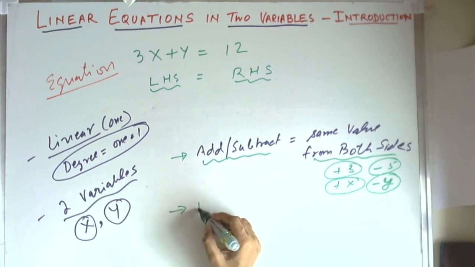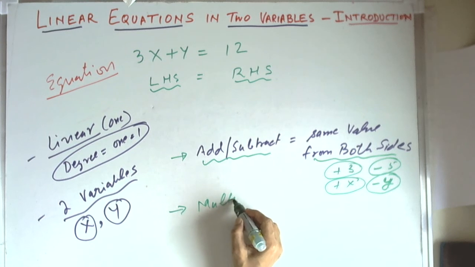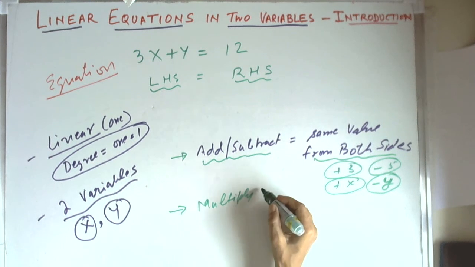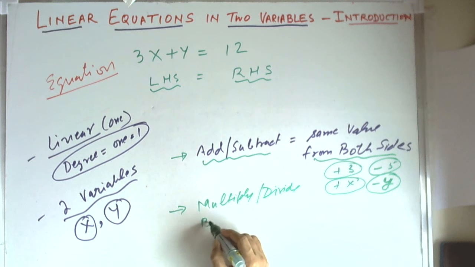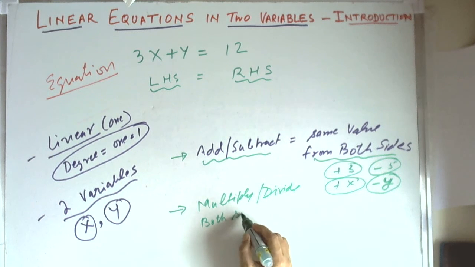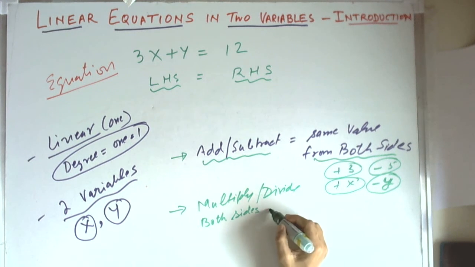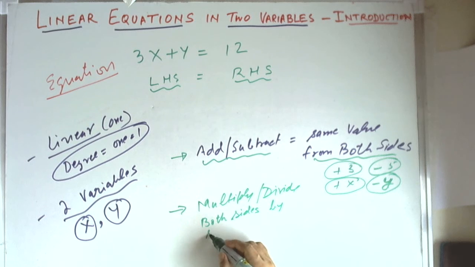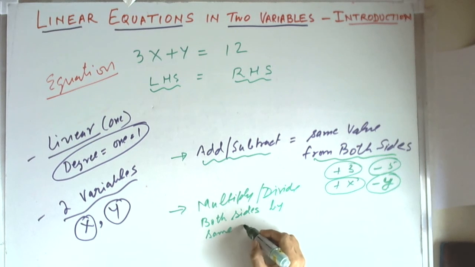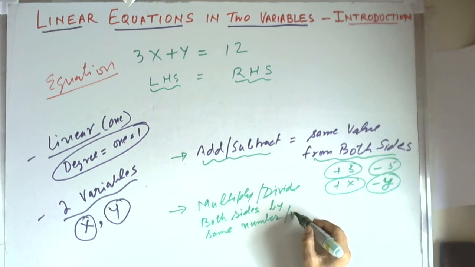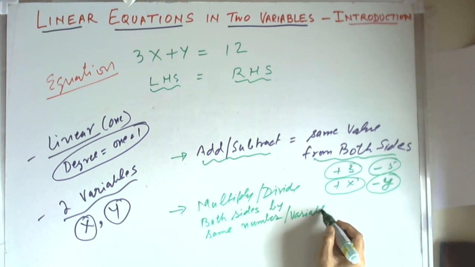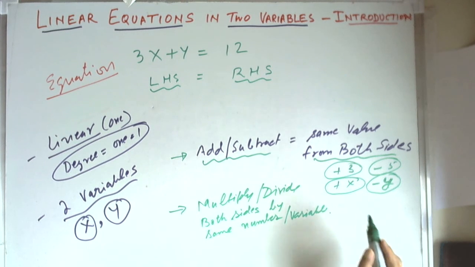Similarly, we can also multiply or divide both sides by the same number or variable. Even then the value of the equation will remain the same.